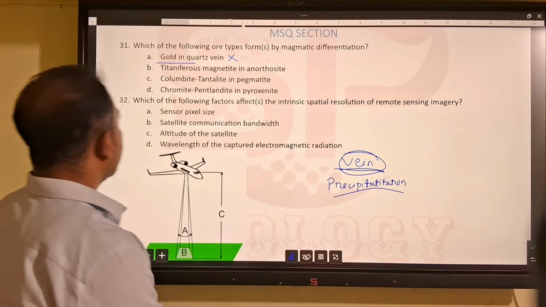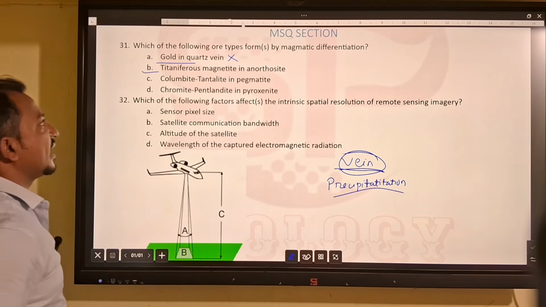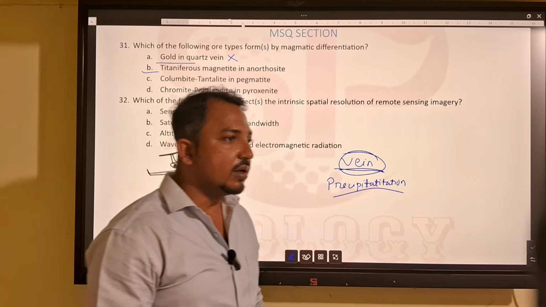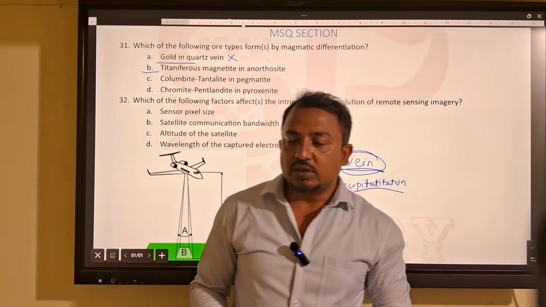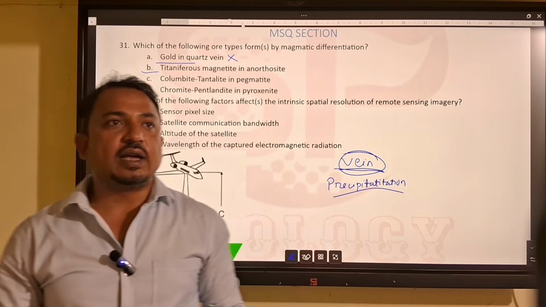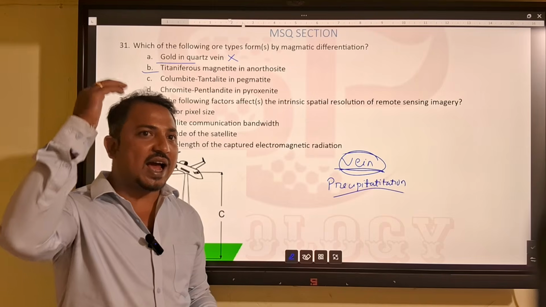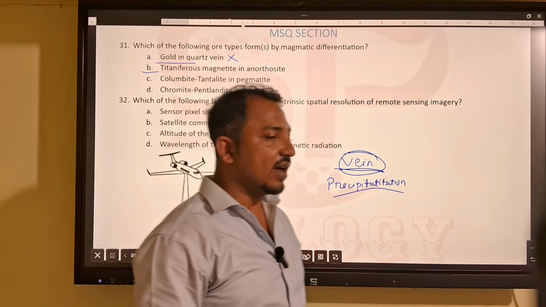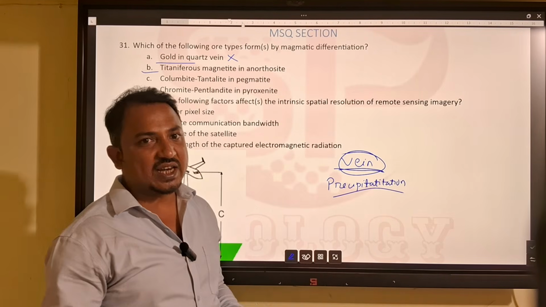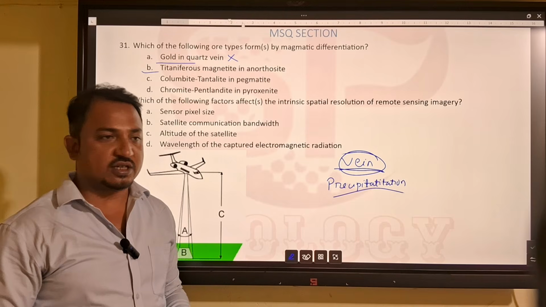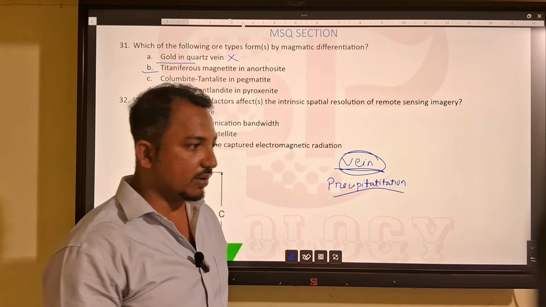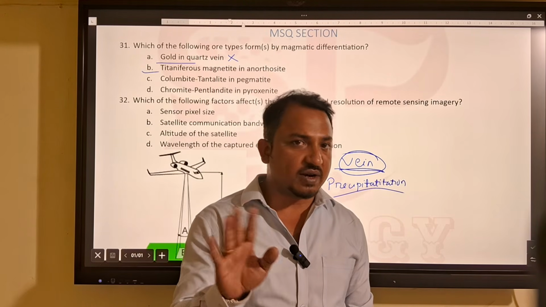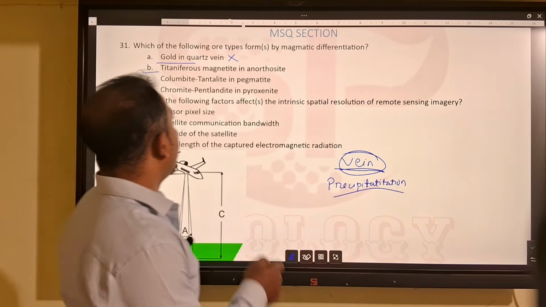Then comes the next option, titaniferous magnetite in anorthosite. There is a fundamental thing: any deposition that occurs at a very high temperature is basically formed by magmatic concentration, because hydrothermal has a temperature that ranges from 50 to 500 degrees.